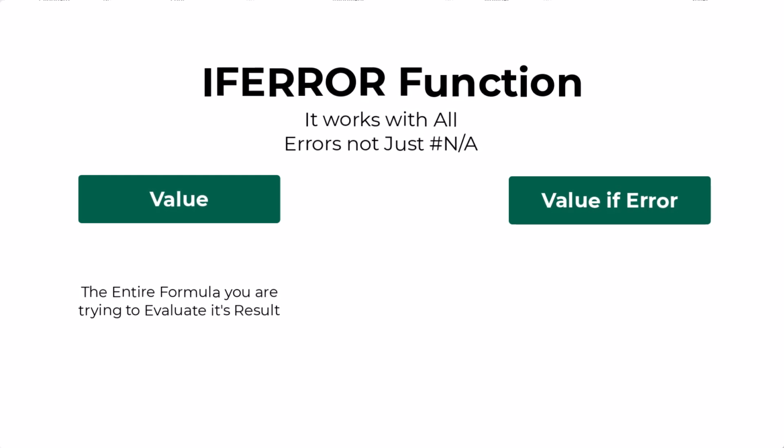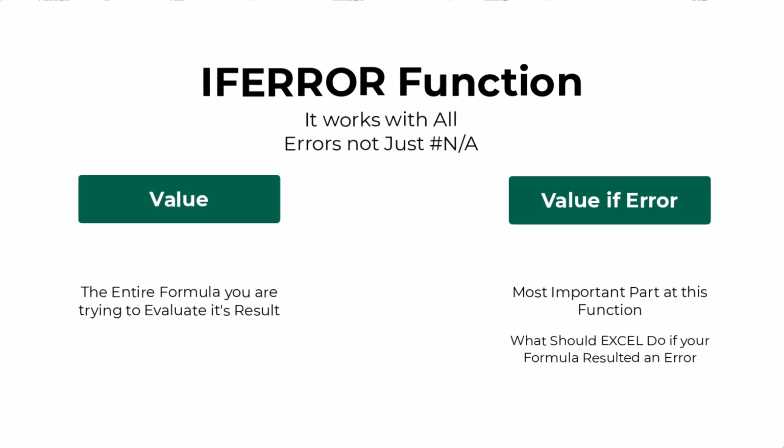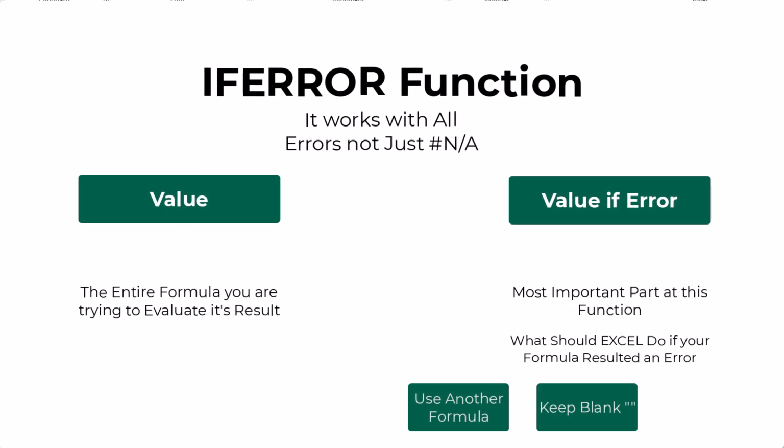This is the most important part in this function, because here you put what you are going to do in case your formula results in an error, and then you have all options available. You can use another formula, or you can keep it blank, or you can just type a specific word to be displayed if there is an error.